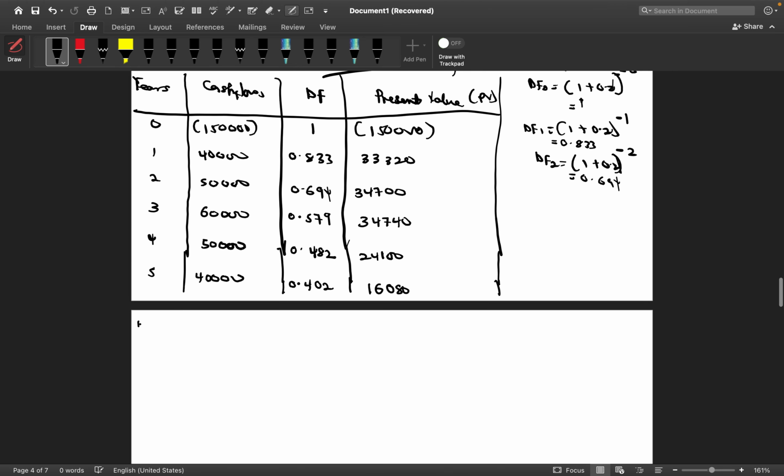So now NPV at A. So our total cash inflows minus the year 0, which is our initial investment.